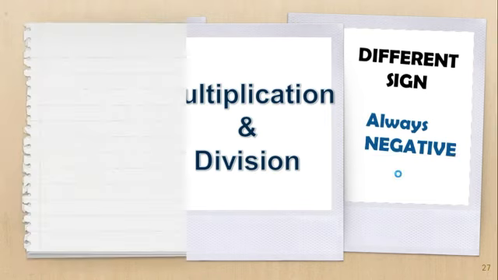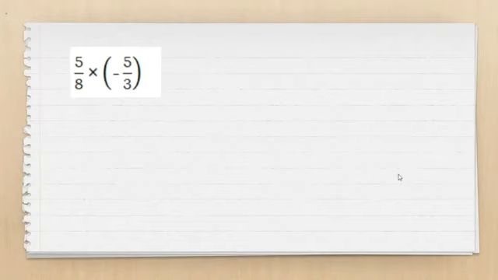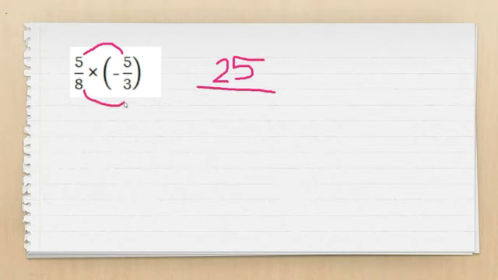Let's have an example. I have here 5 over 8 multiplied by negative 5 over 3. So, i-follow lang natin yung rule na multiplication, which is 5 times 5, that's 25. Correct? And then, over 8 times 3, that's 24.